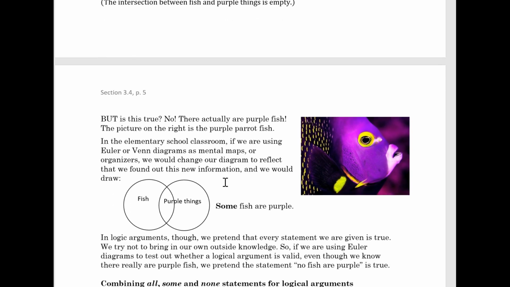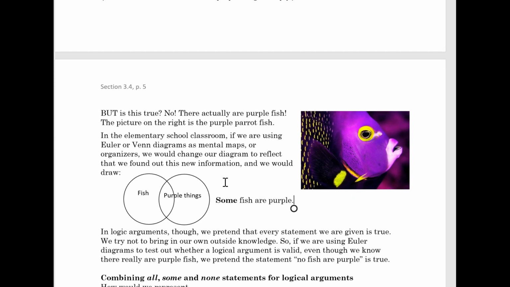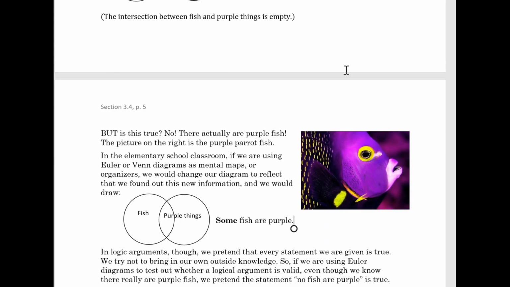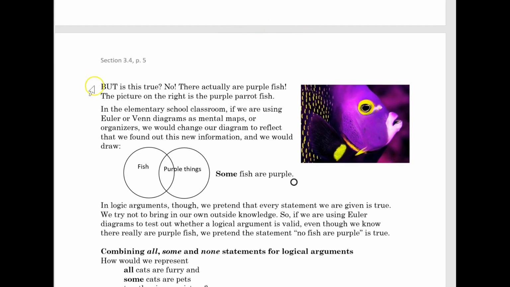So if we're using Euler diagrams to test out whether a logic statement is valid, even if we know this statement is not true, no fish are purple, we still pretend it's true to test out whether our statement is valid or not. If you're using it in the classroom, as an organizer or a mental map, then you want to show the true thing, obviously, right?